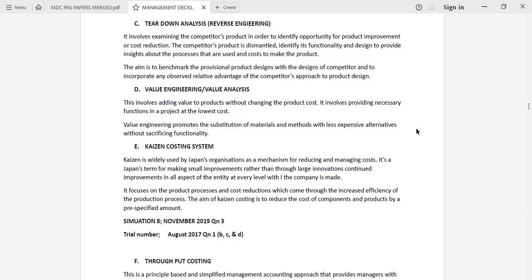Therefore, when benchmarking, we choose someone who does better than us, and maybe their products have something new to learn, and it's internally done.